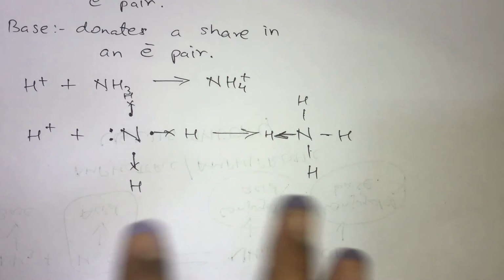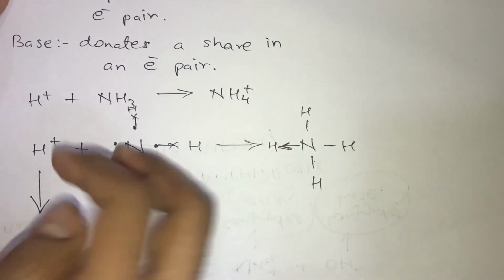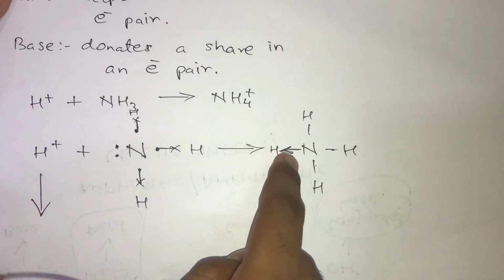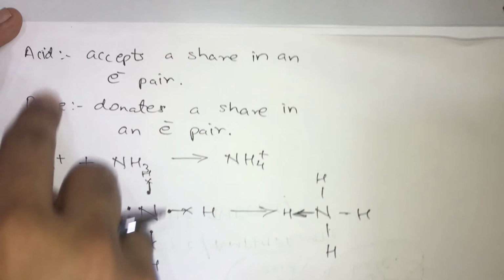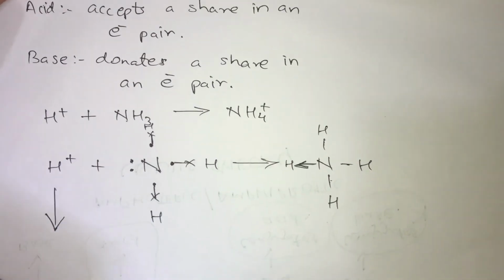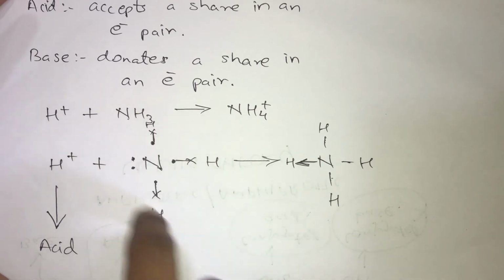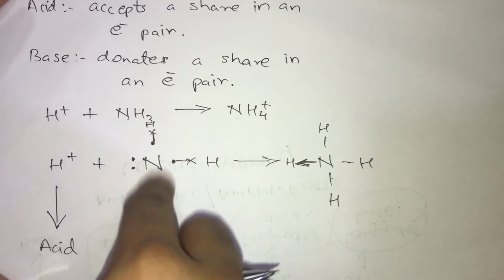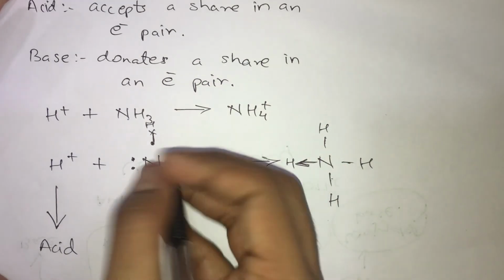Okay, so here, since this H plus is accepting a share in an electron pair, this H plus becomes your acid. Whereas this complete NH3 donates a share in an electron pair.